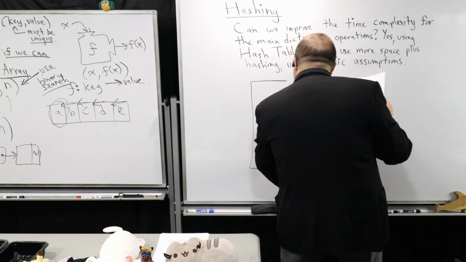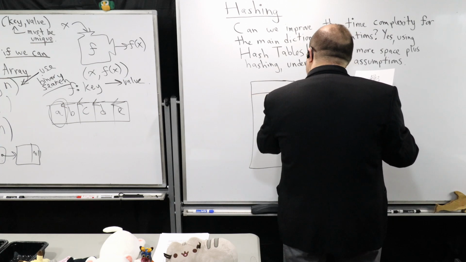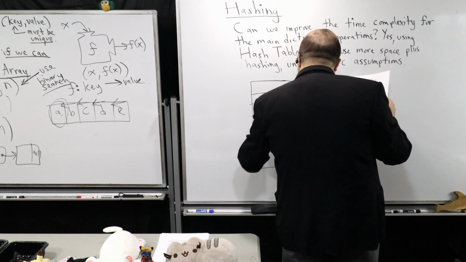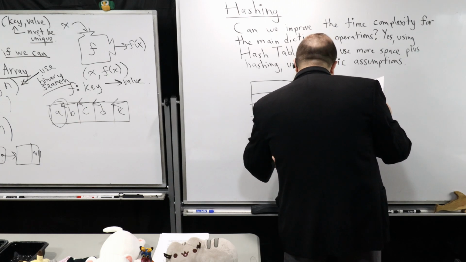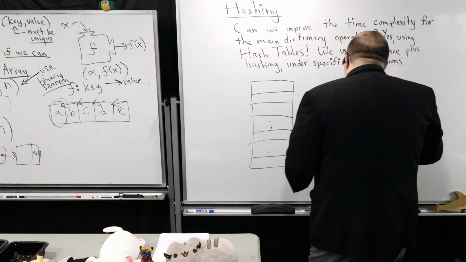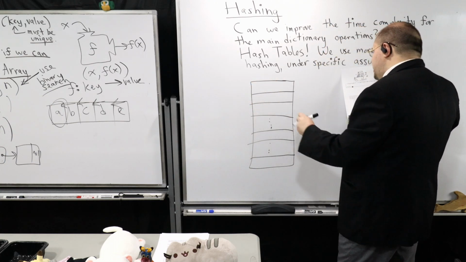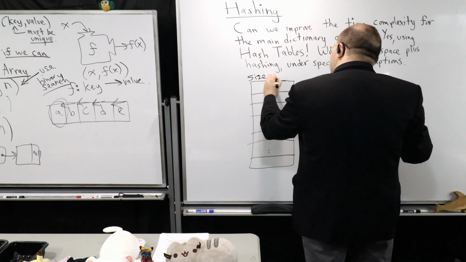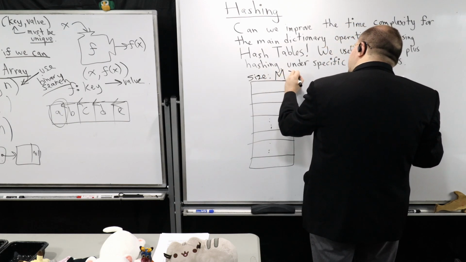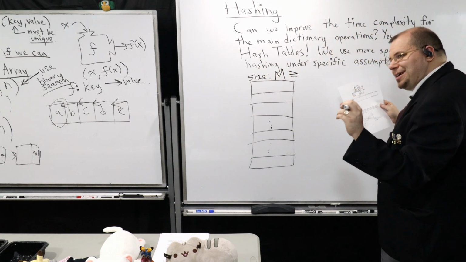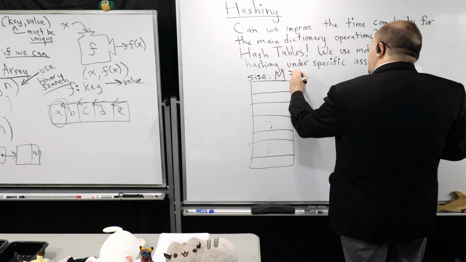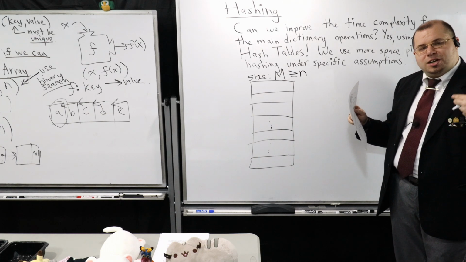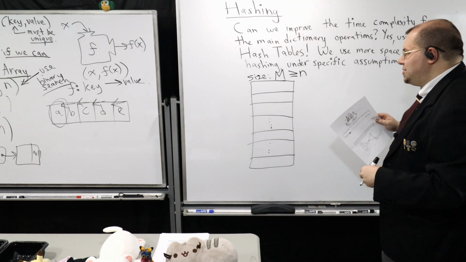So what I'm going to do is imagine I have an array, which I'm going to refer to as a table or hash table. And I'm going to always presume, for the sake of our discussion, that it has as its size or length capital M, which, unless I otherwise state, is always going to be at most the number of elements I'm actually going to put into the table, so that there's always going to be room.